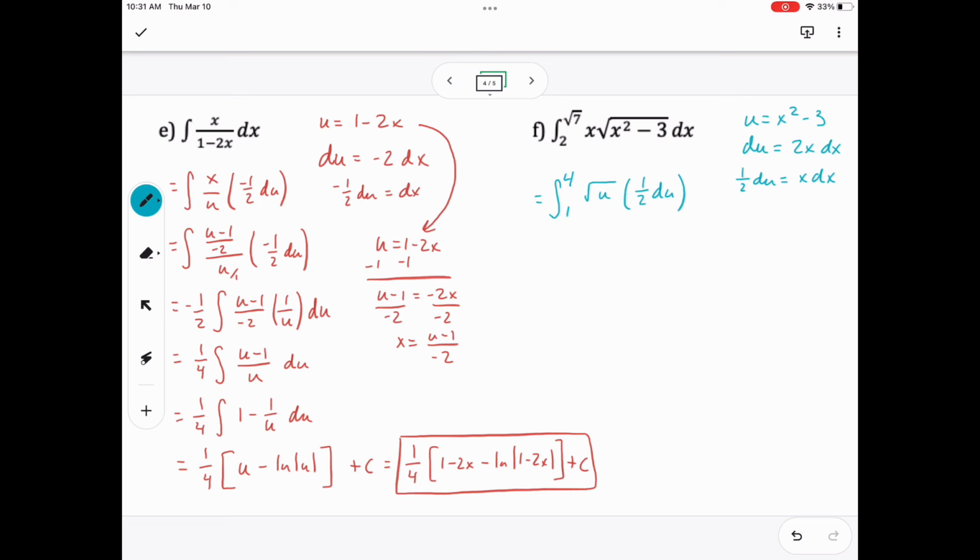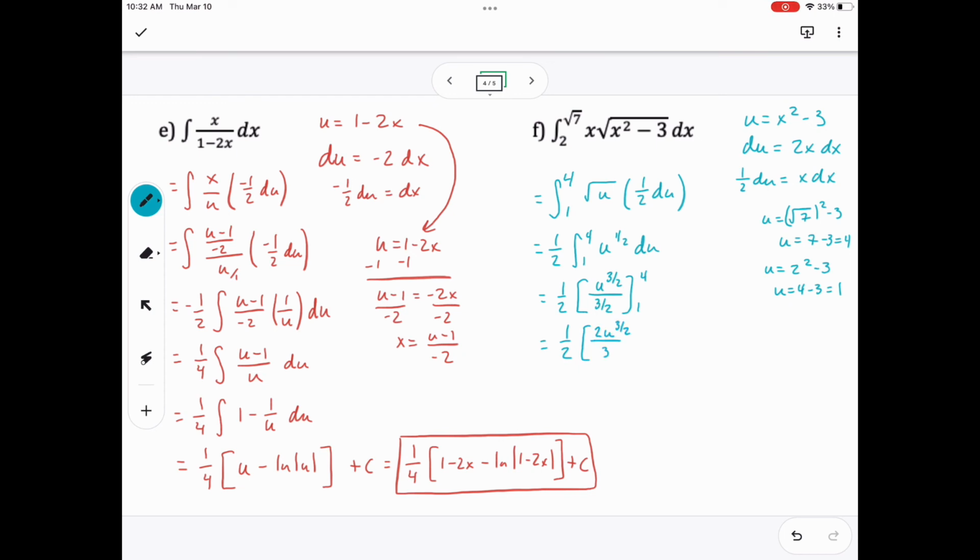Now here, when we plug in u for a definite integral, that actually changes what those values are, because we're no longer talking in terms of x, we're talking in terms of u. So we actually have to plug in 2 and square root of 7 into our equation for u to find out what our u constraints are, which will be 1 and 4 for this case.